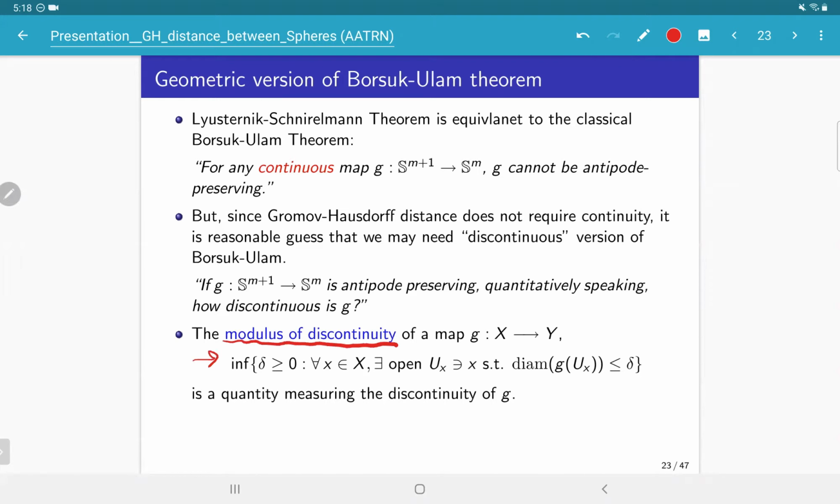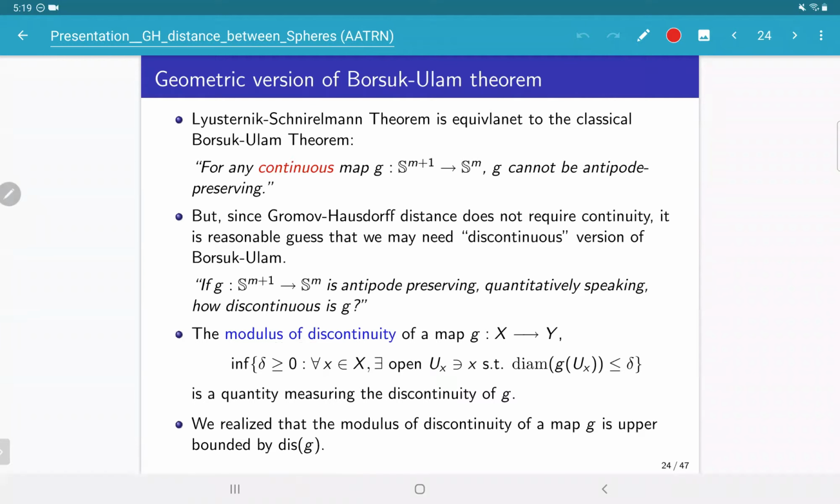If you have a map G between two metric spaces X and Y, we can define the modulus of discontinuity in this way. But the only thing you have to remember for now is that the larger the modulus of discontinuity is, the more discontinuous the map G is. And we were able to observe that the modulus of discontinuity is upper bounded by the distortion of the map. Good?